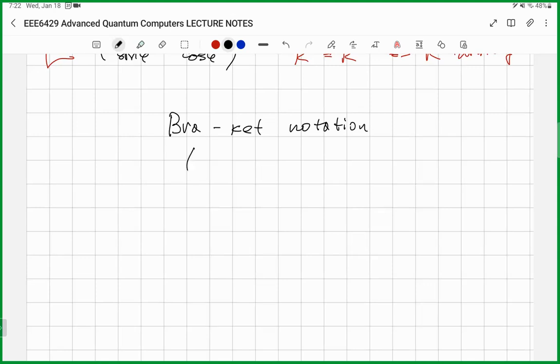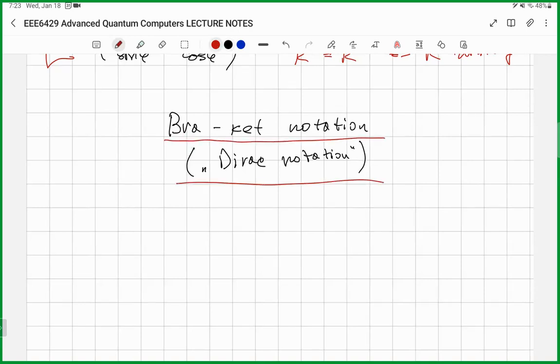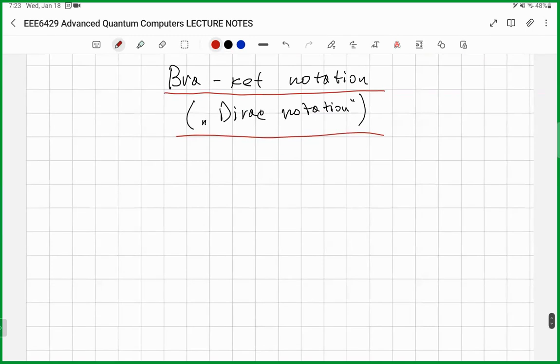It is also known as Dirac notation, after this great scientist, Paul Dirac. Very important concept, bra and ket notation. And why it's so important, you will see in a second.